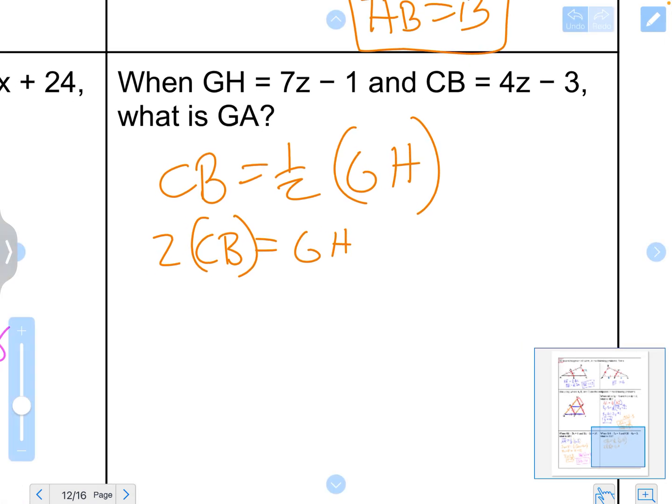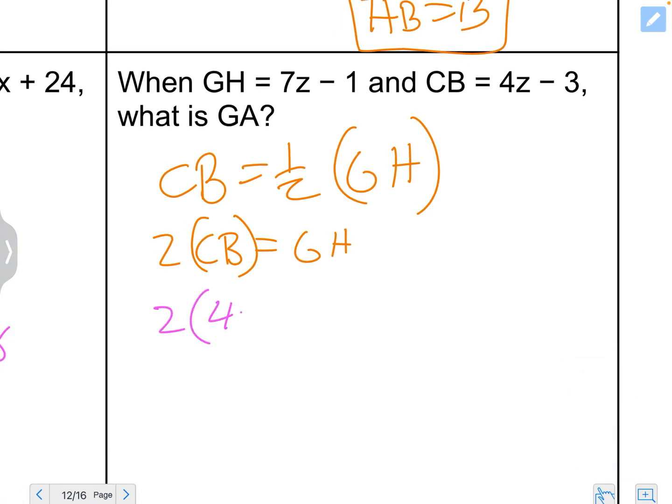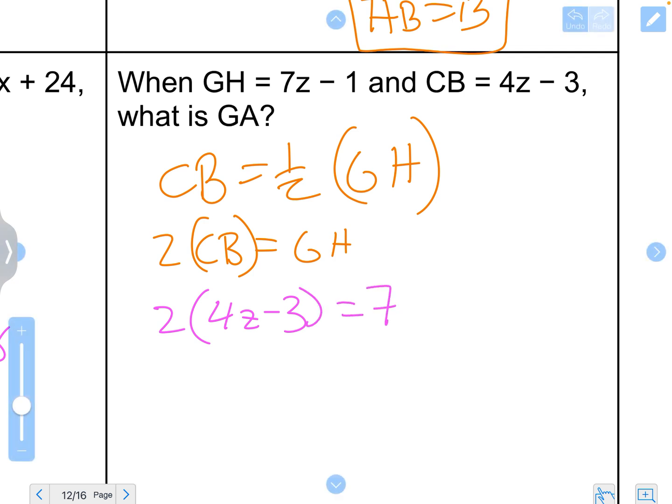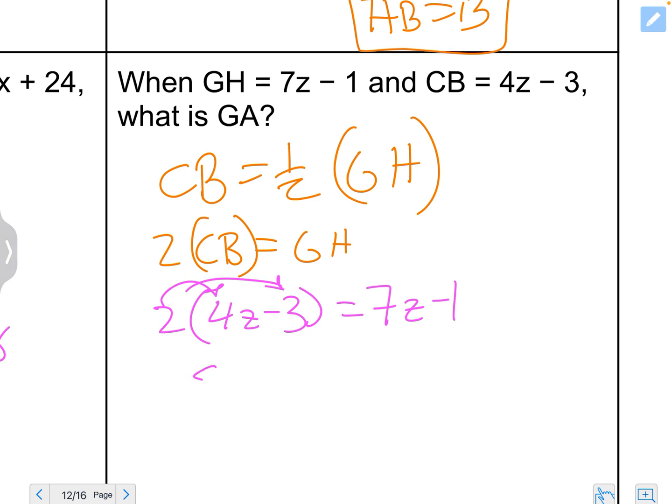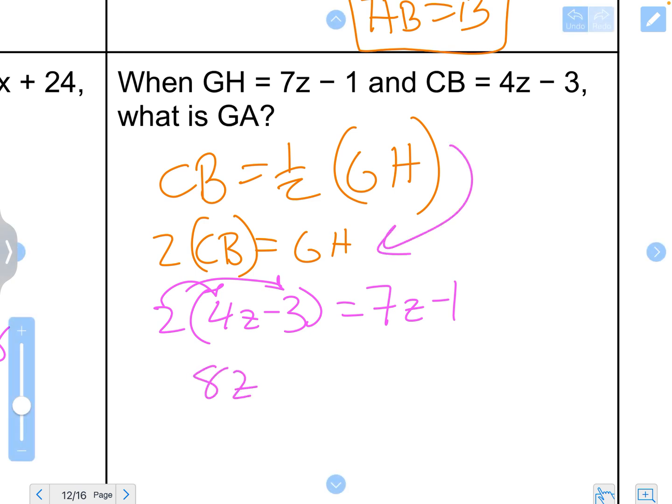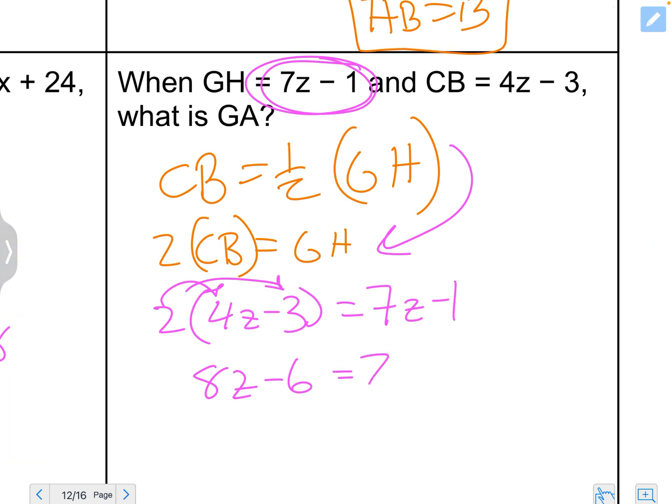So now we plug in our numbers. So we need to make sure we distribute. And I typically only do this formula when what I would divide by 2 would get me odd numbers and get me decimals. I don't like to deal with decimals. I'd much rather deal with whole numbers. So that's why I did that.